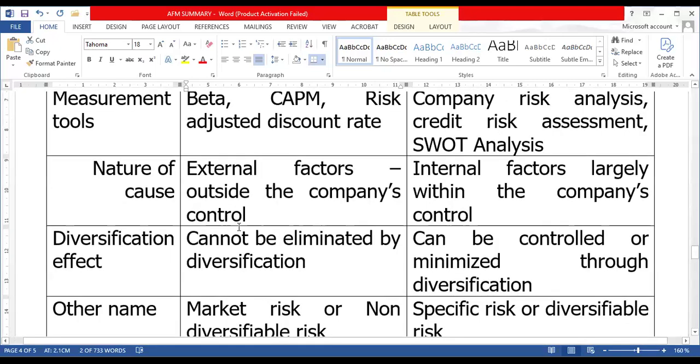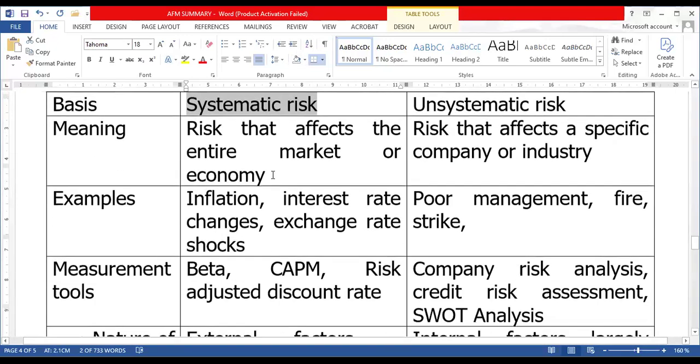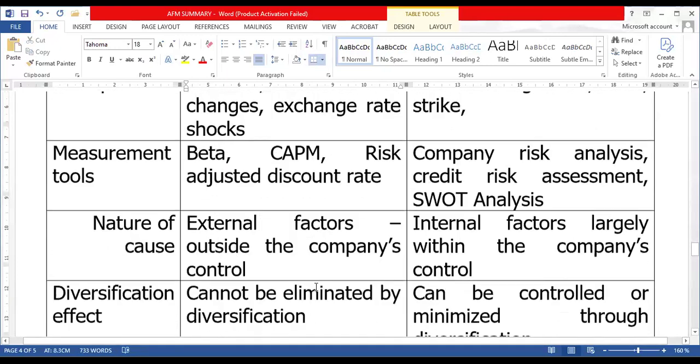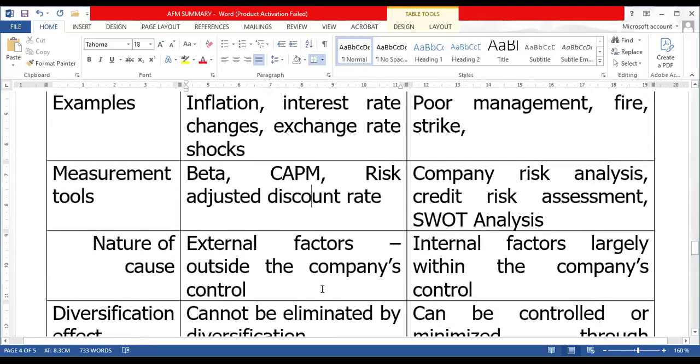The only way you can minimize systematic risk is through what we call hedging. I know one of your topics is international financial management, where you talk about hedging, and you look at a forward contract and a money market hedge. Those can help you eliminate the risk.